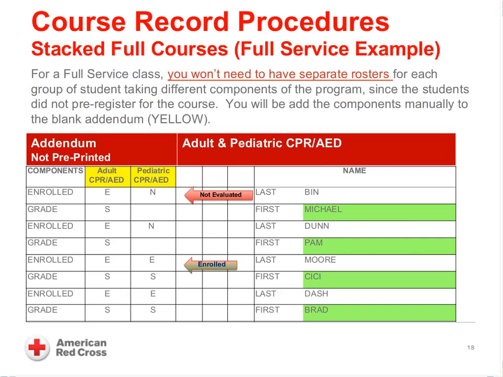For course records, we're going to talk a little bit about course record procedures, specifically when we have full services. Full service, you won't need to have 2 separate rosters for each group or training.